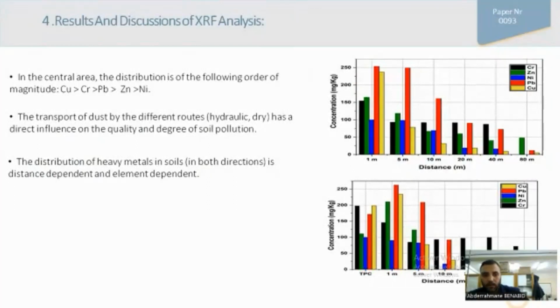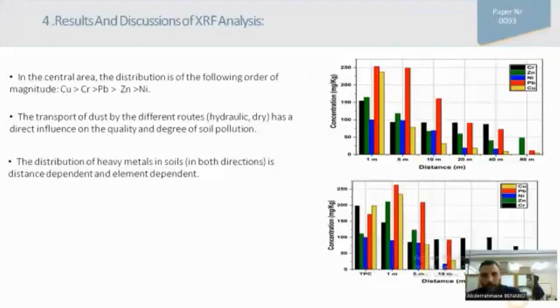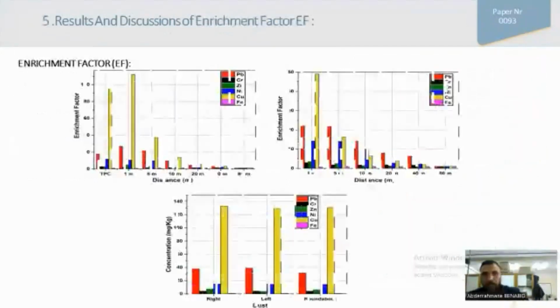The transport of dust by the different routes, hydraulic and dry, has a direct influence on the quality and degree of soil pollution. The distributions of heavy metals in soils in both directions are distance dependent and element dependent.